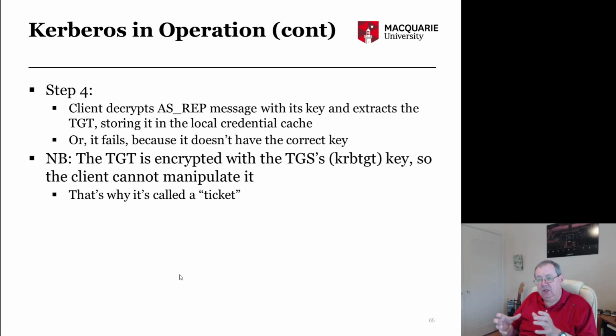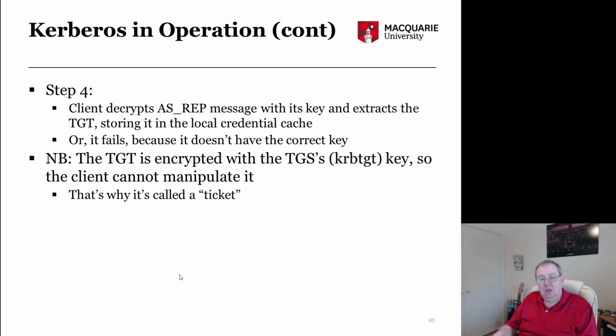So, one of two things will now happen. The client decrypts the AS reply message using its key, and it extracts the ticket granting ticket and stores it in the local credential cache along with the session key, etc. Or, if the user gave the wrong password, it'll fail, because from the wrong password, it generates the wrong key.